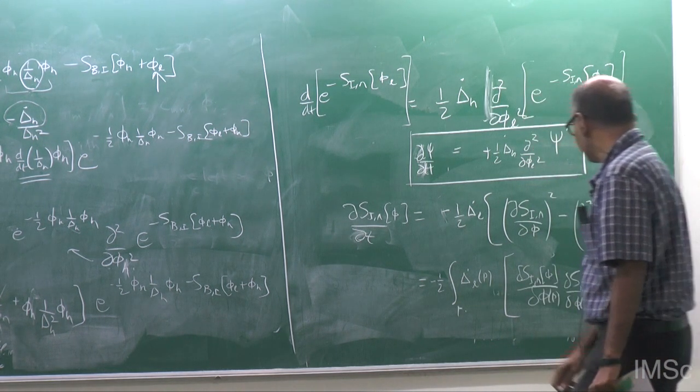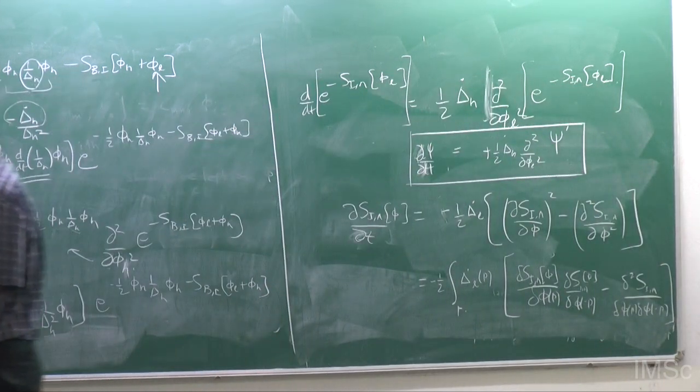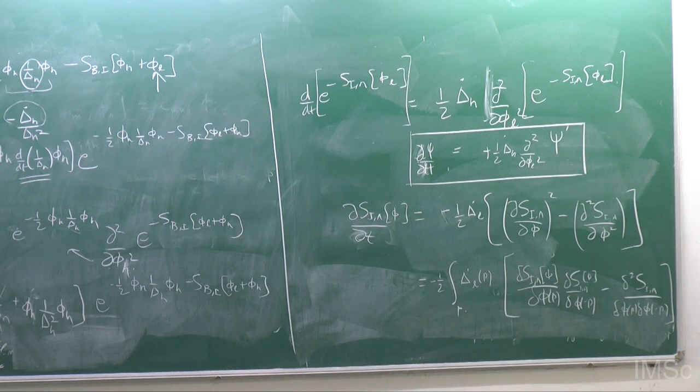Okay, so this is the way Polchinski wrote this equation, and he used it to prove perturbative renormalizability of the lambda phi 4 theory.